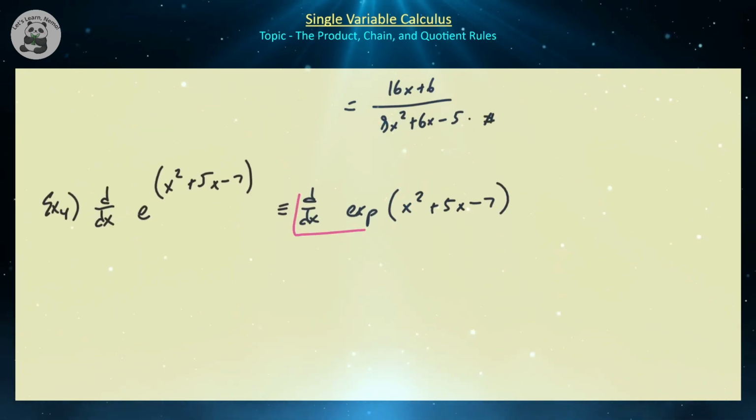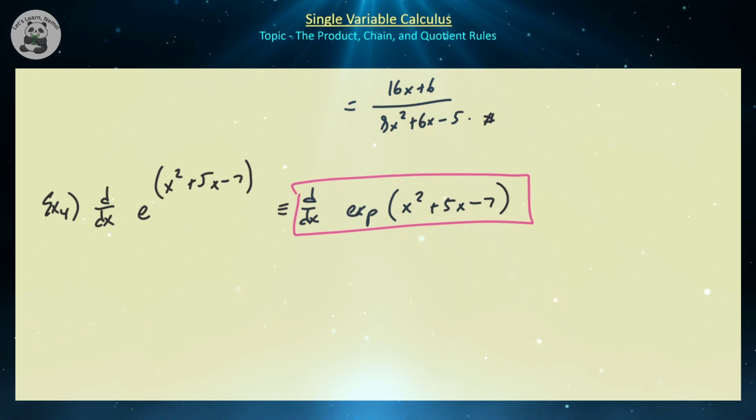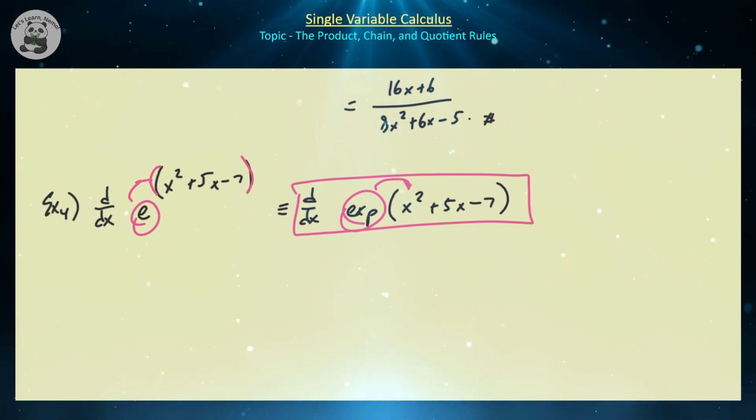In this latter form, it might be a little bit more obvious which function controls who, because obviously the exp function is controlling that quadratic, but again, these two are equivalent. So this exponential function is controlling its input function x squared plus 5x minus 7. So we need to take the derivative of that and then multiply it by the derivative of that quadratic. So the derivative of e to the something is e to the something.